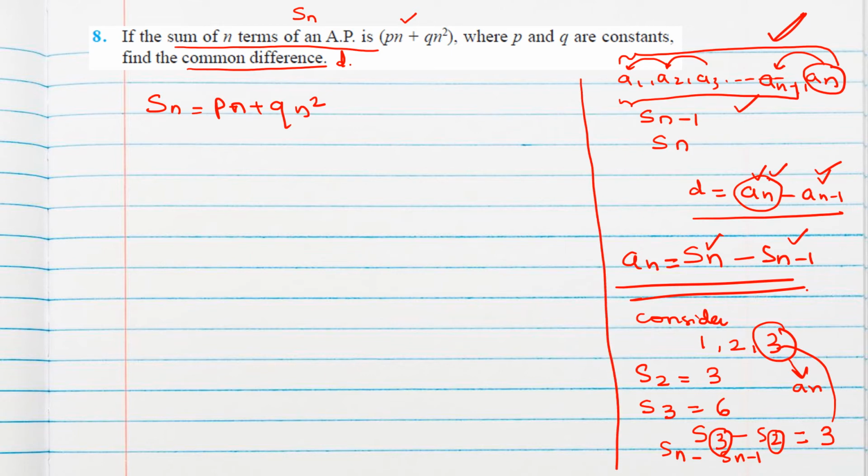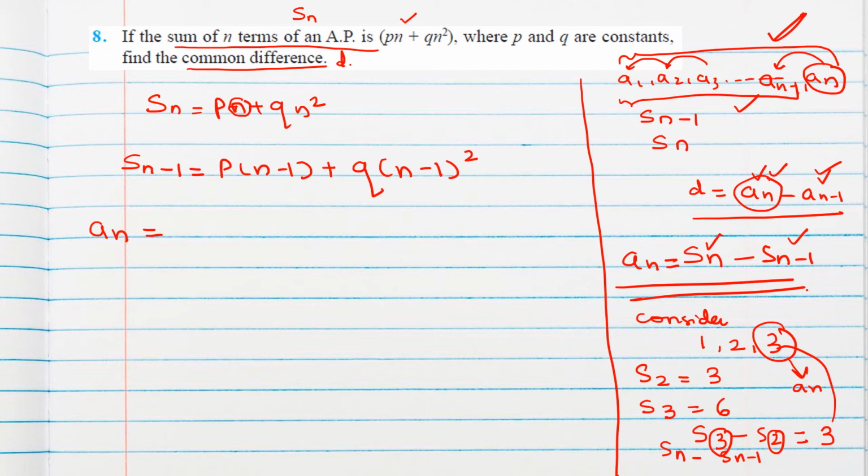Here the Sn formula is given to us. So from this we can find Sn minus 1. How? We have to substitute the n value as n minus 1. Here n square is there, so we'll substitute n minus 1 whole square. Now what is our An?